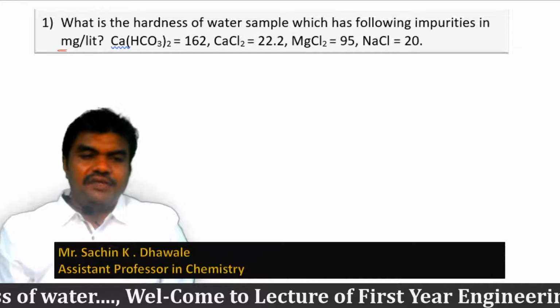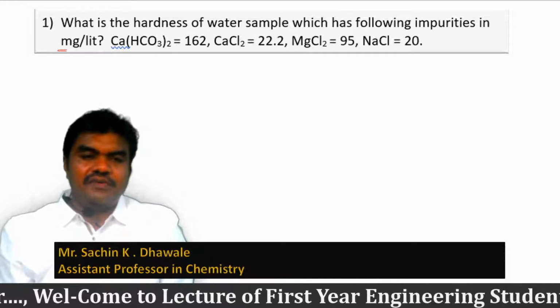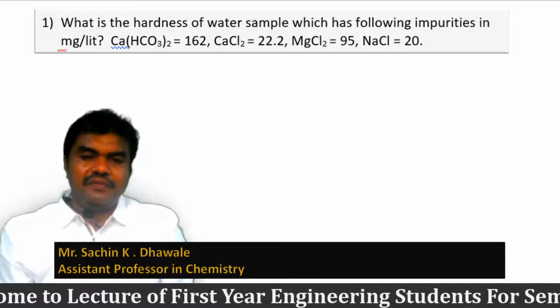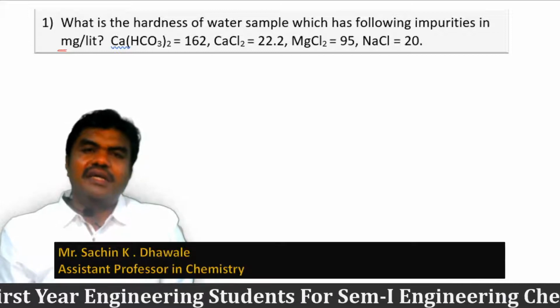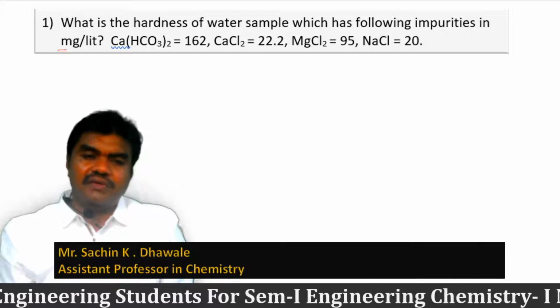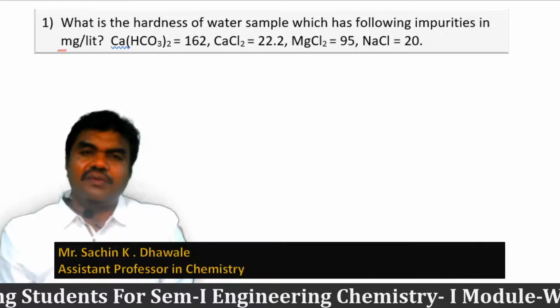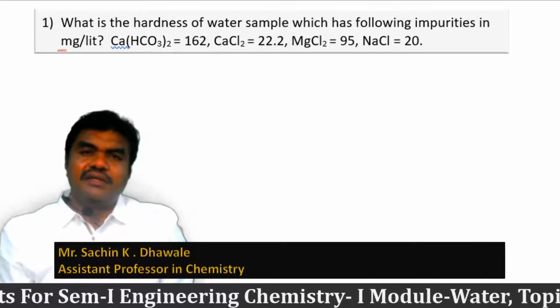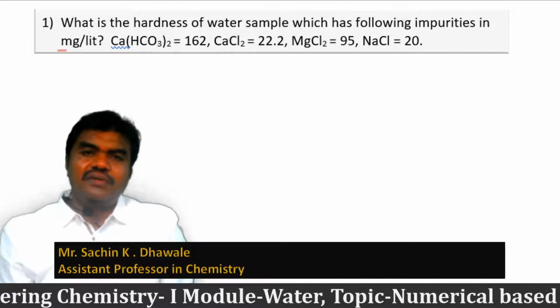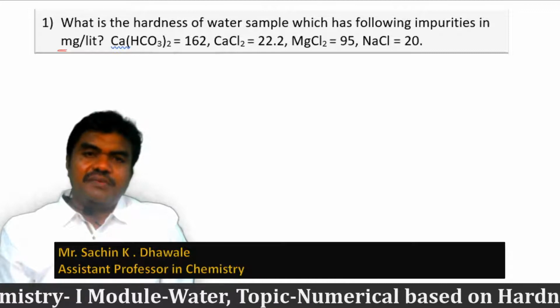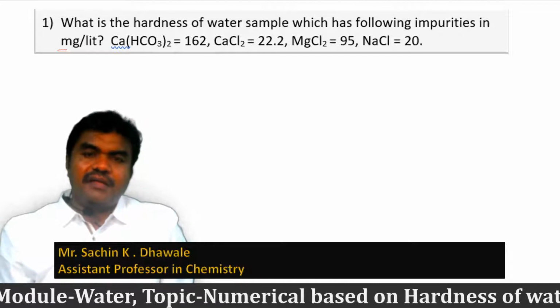So this is the first numerical. What is the hardness of a water sample which has the following impurities in milligrams per liter? The salts given are calcium bicarbonate and its quantity, calcium chloride, magnesium chloride, and NaCl. So these are the 4 salts given with their quantities. For solving such a numerical, there are steps.